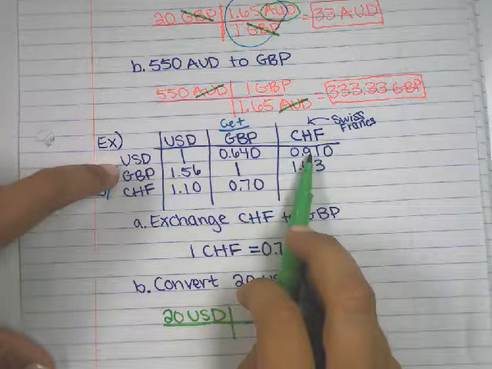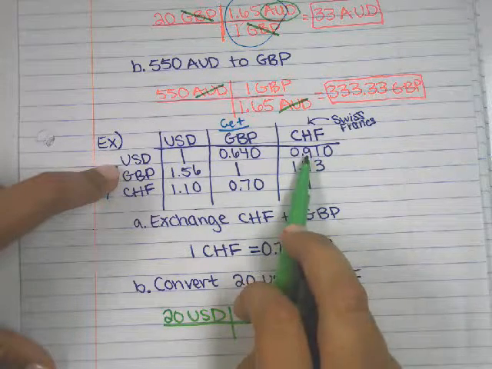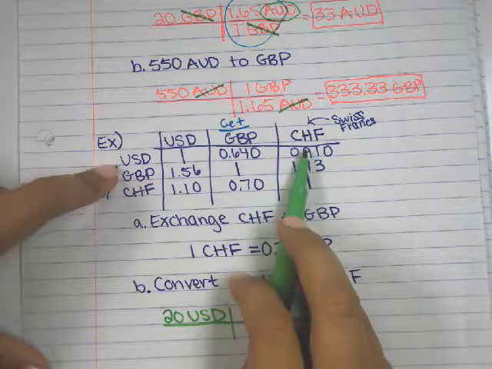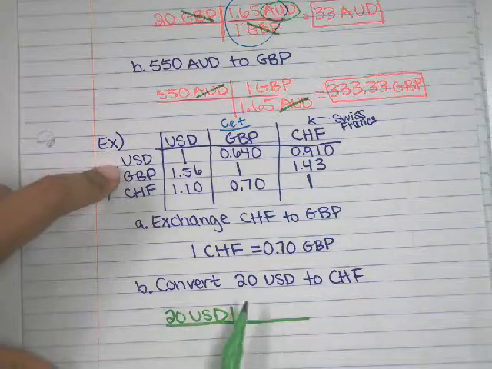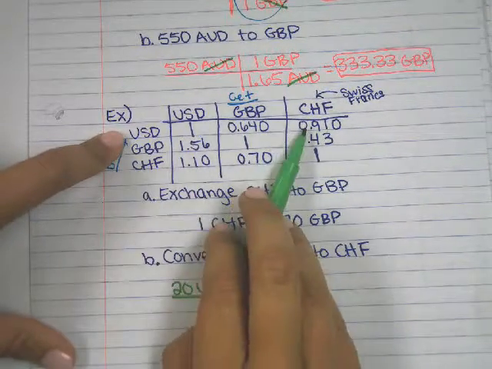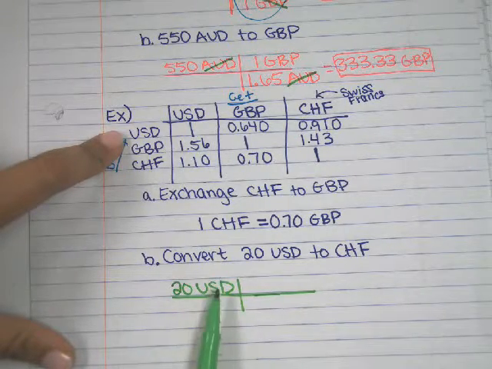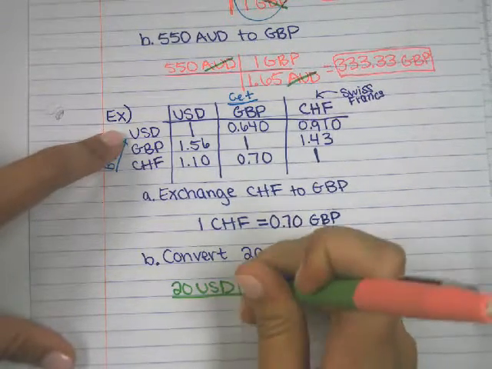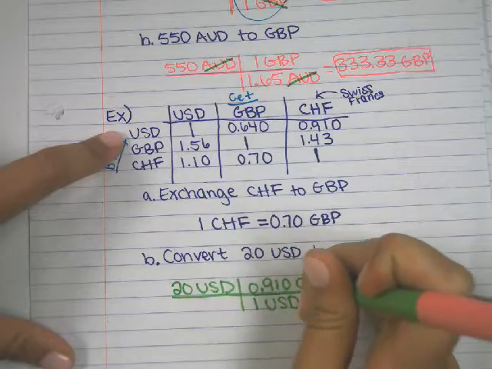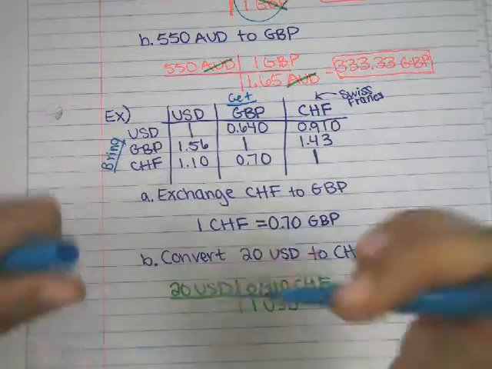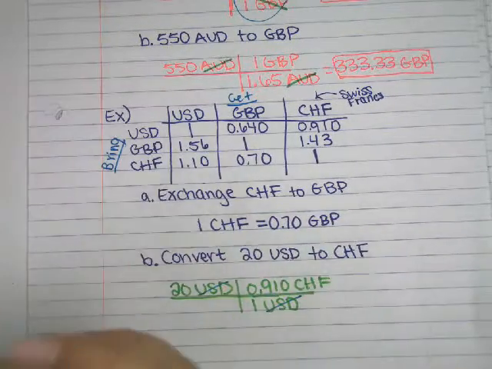So they're pretty close to the same. So 0.9, you get a little bit less of these francs, but pretty close. We decide on which one goes on the top and the bottom. So we say 1 US dollar is this many francs, and we need our US dollars to cancel. So we have a US dollar on top, we have to put the US dollar on the bottom. 0.910 CHF.